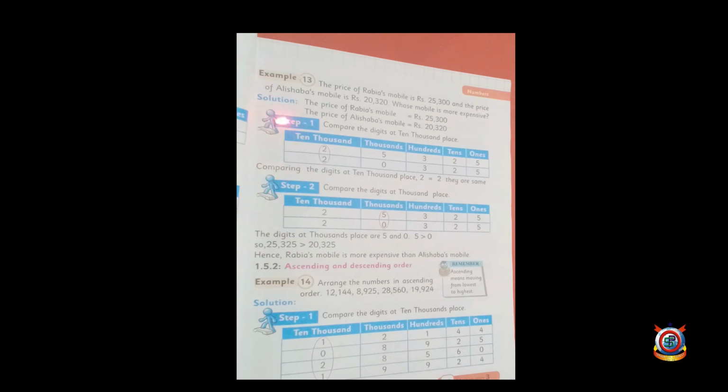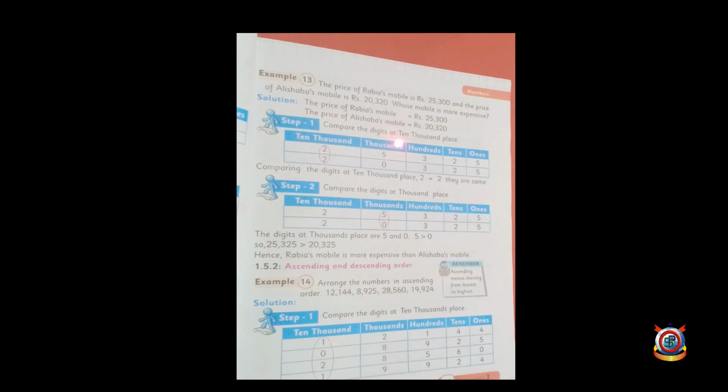Now come to the solution. First of all, we will write the prices of each mobile. The price of Rabia's mobile is rupees 25,300 and the price of Alishba's mobile is rupees 20,320. We will compare it in two steps. First of all, look at step 1.